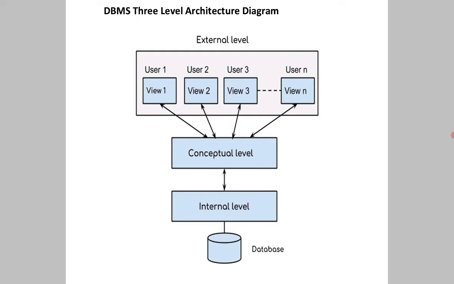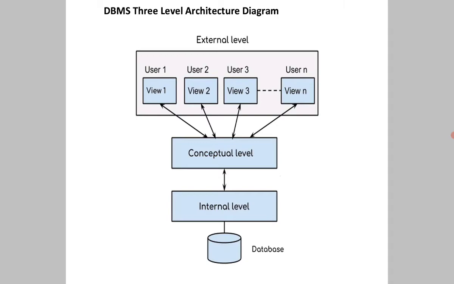First one is external level or external view. Second one is logical level or logical view. Third one is internal view or physical level.